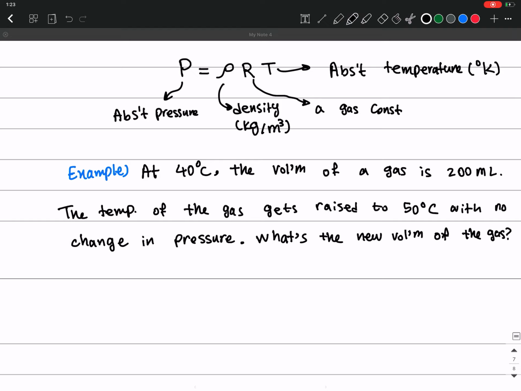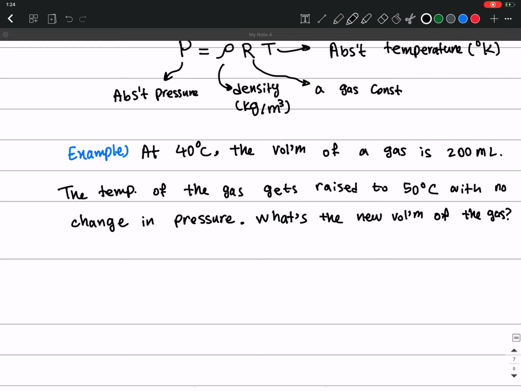So what we are doing is just increasing the temperature of a gas, and we want to see, under a constant pressure, what would be the new volume of that. In order to answer this question, I'm going to use the ideal gas law. As we wrote it there, P equals rho RT, right? And what is rho?